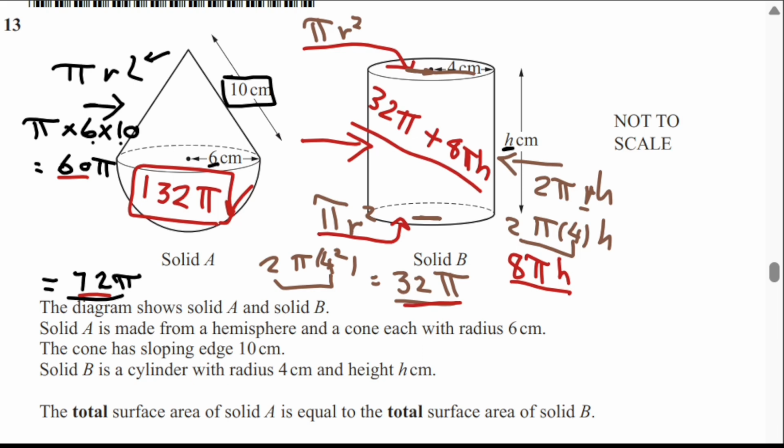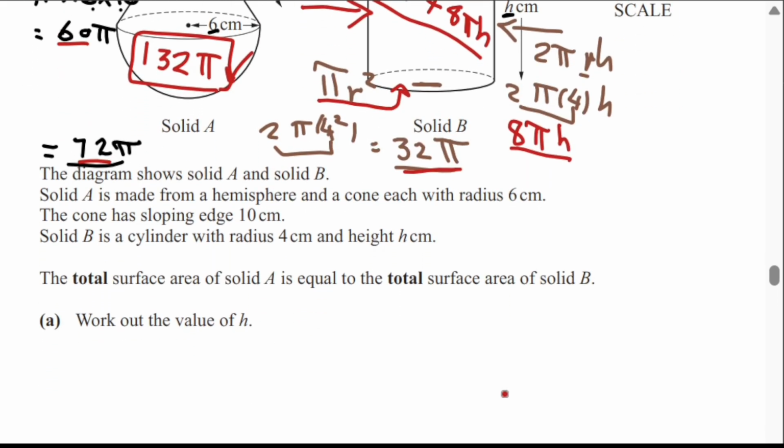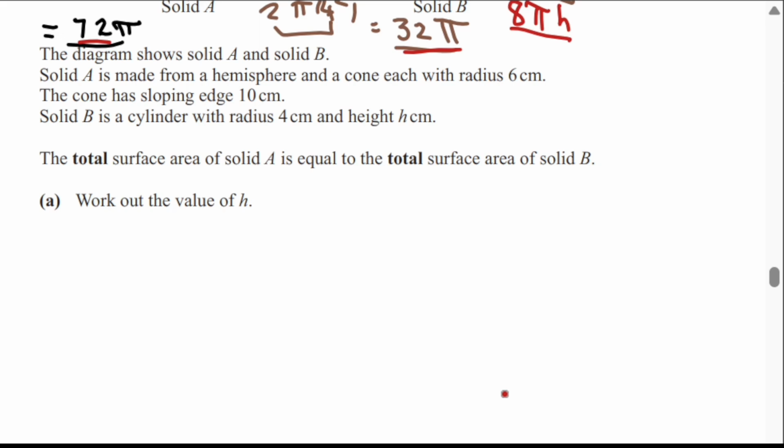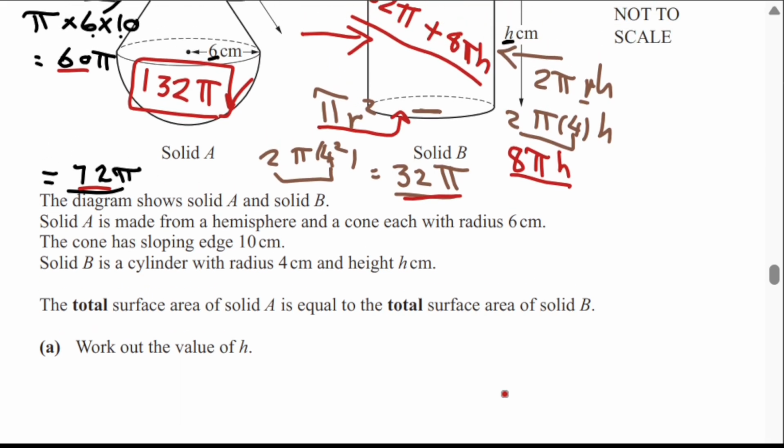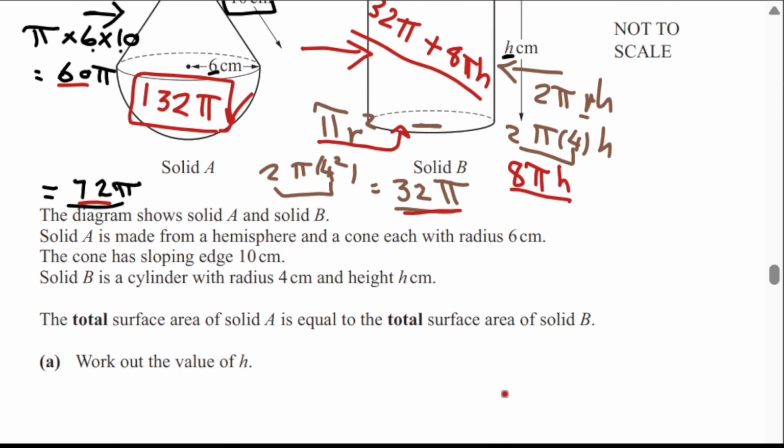Now the question says these two surface areas are equal. So to work out the value of h, let's write them equal to each other. If you forgot the numbers, let's bring it down a little bit. So that means 132 pi is equal to 32 pi plus 8 pi h.